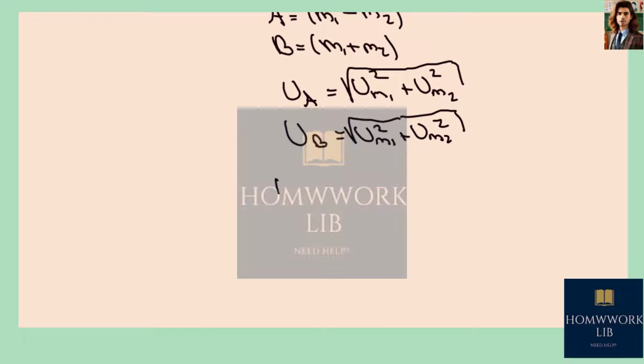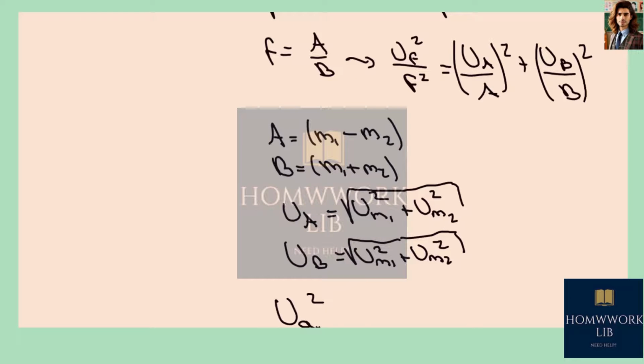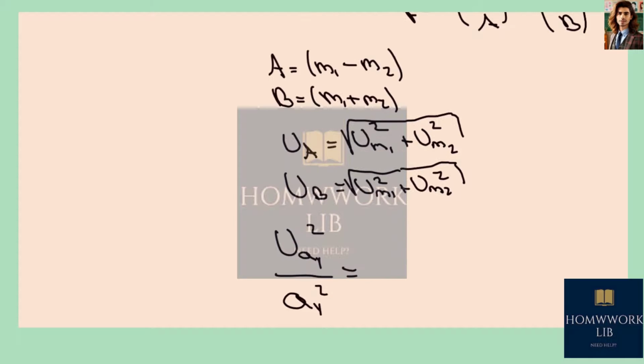So in our case, our function is going to be equal to ay. So the uncertainty associated to this acceleration on the y-axis squared over the acceleration on the y-axis squared is going to be equal to, according to the equation rule, the uncertainty of a squared over the value for a.